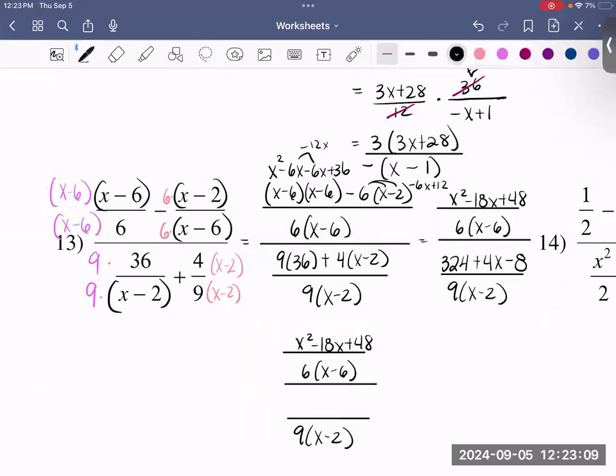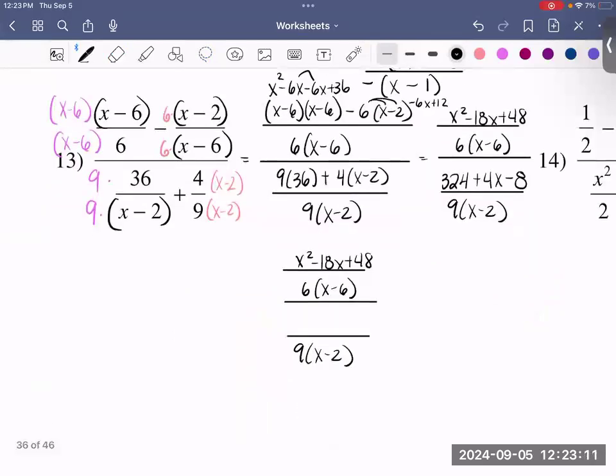I'm going to clean up my numerator just a little bit by subtracting 8 from 324 to get 316.